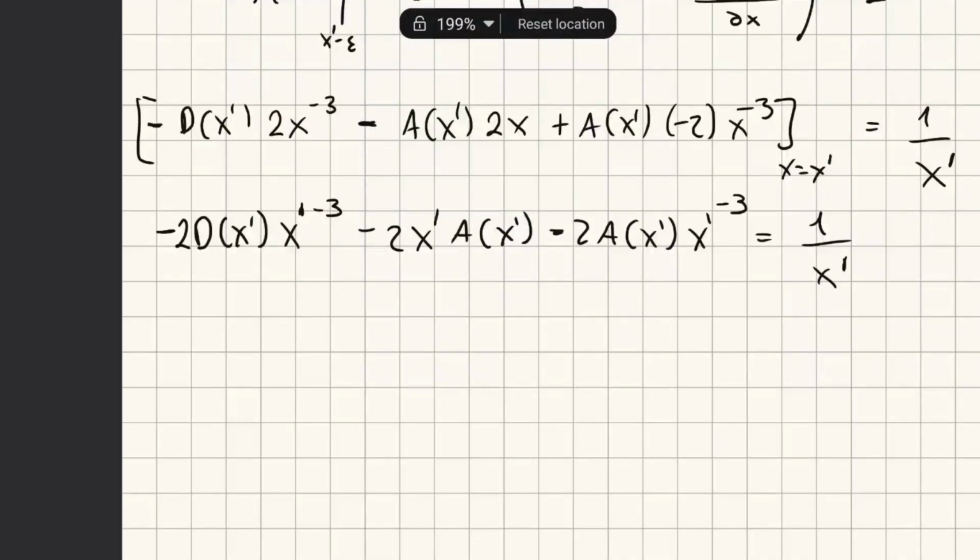And I think that it was better not to take this x prime to the denominator in the right hand side of the equation, right? Because we can cancel some terms if we take this again to the left hand side.